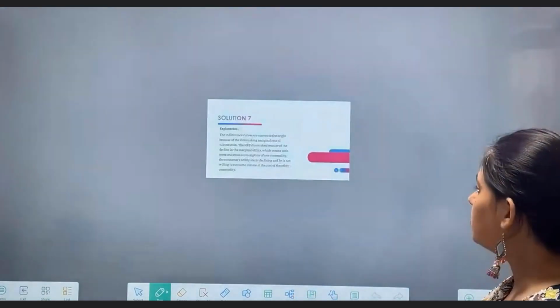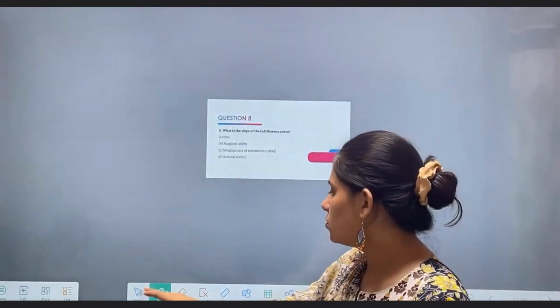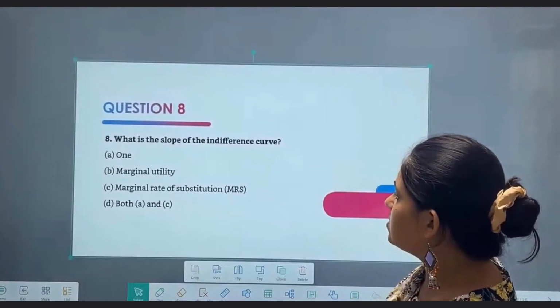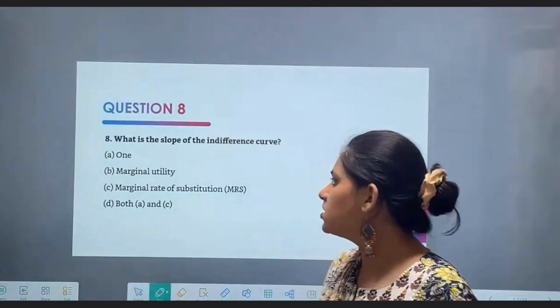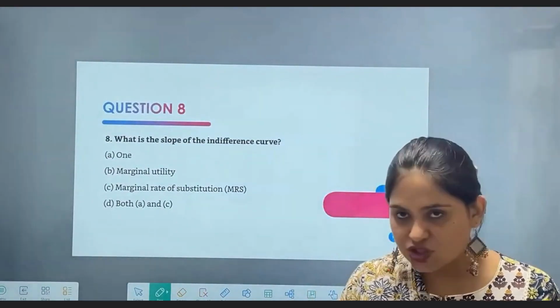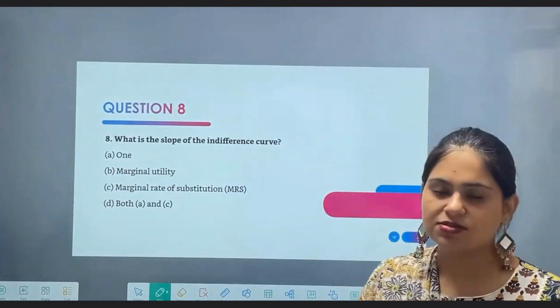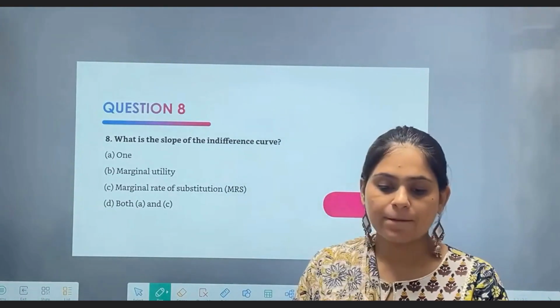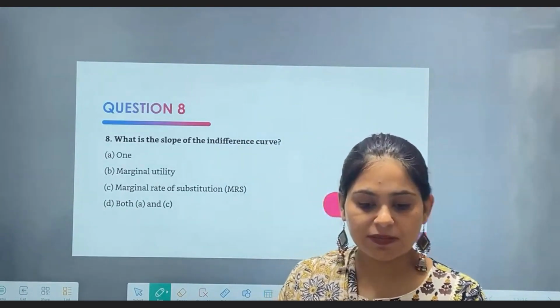Okay, come to the next question. This is pretty easy. What is the slope of the indifference curve? Marginal utility, MRS, both A and C. Okay, so people are answering.